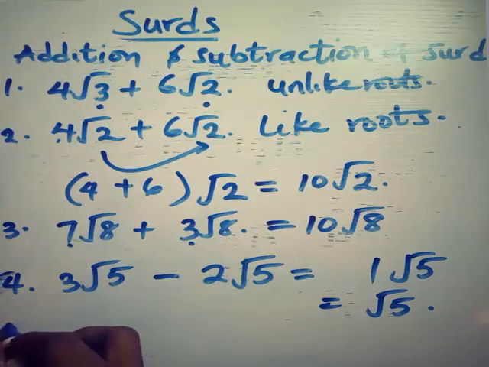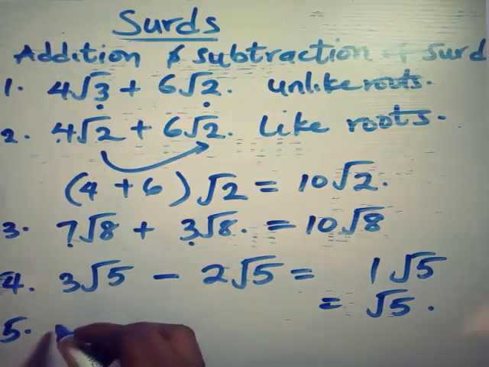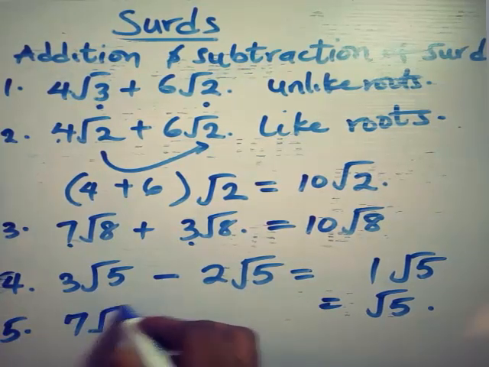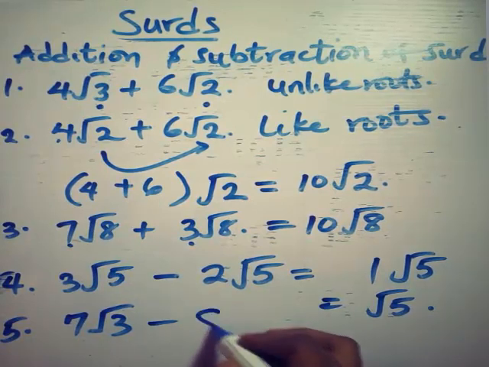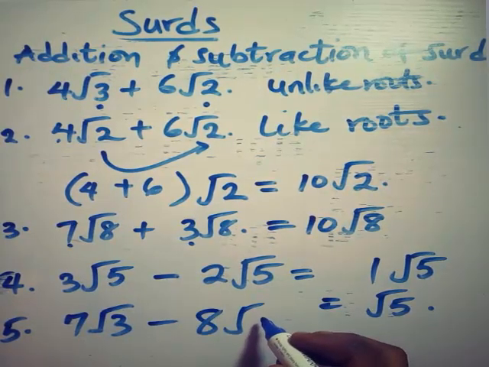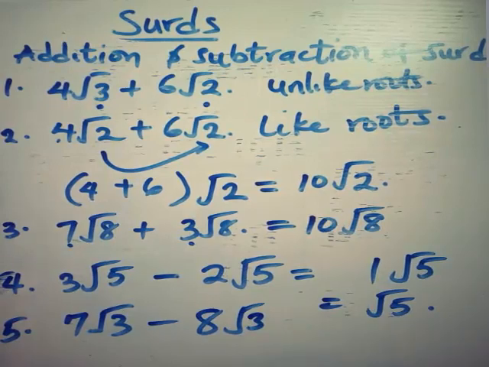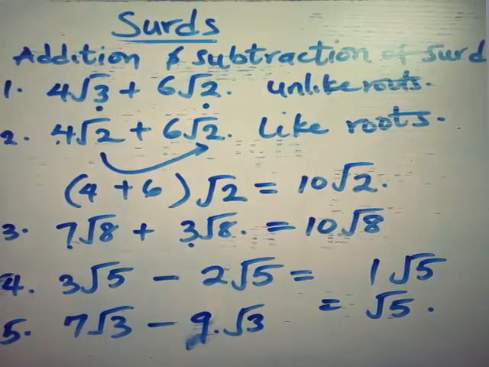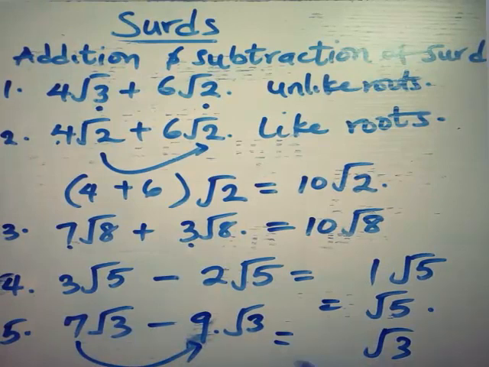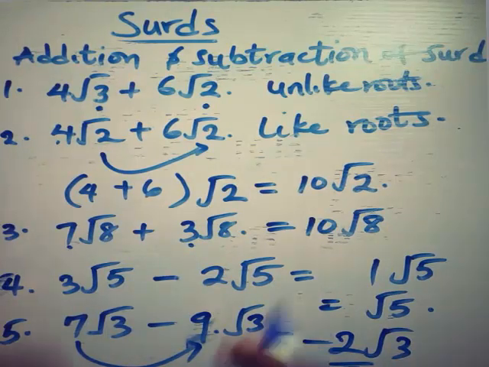Another example for subtraction, I have 7 root 3 minus 8 root 3. Or let's rather say 9 root 3. I have 1 root 3. 7 minus 9 gives me minus 2. So this is my answer for subtraction.